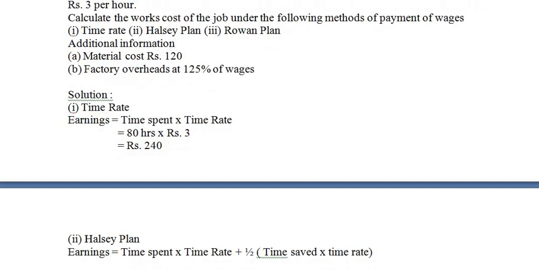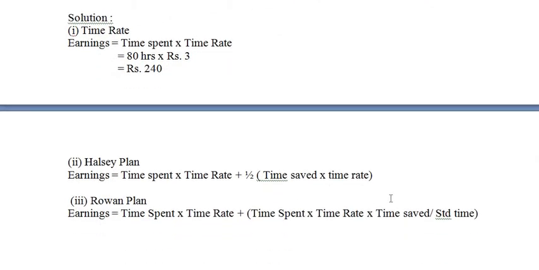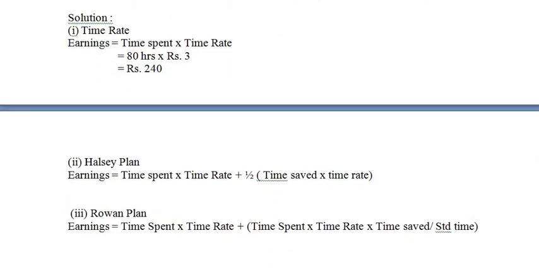Right? The second method, Halsey plan. Okay. Write down the formula. Earnings equals time spent into time rate plus half of time saved into time rate. Okay. Now time spent by him is 80 hours, right? Into time rate, rupees 3, isn't it?